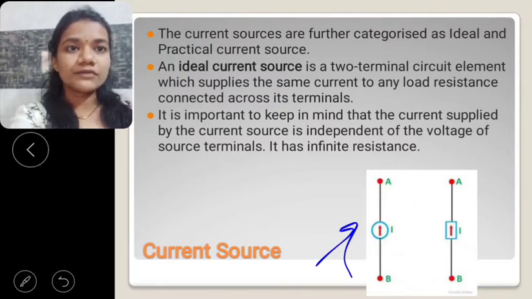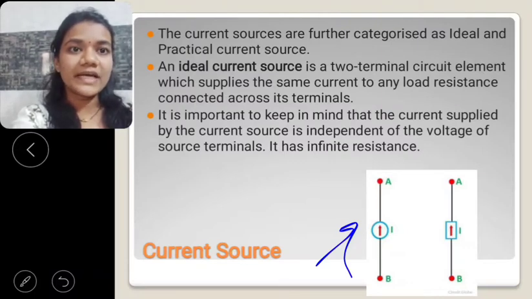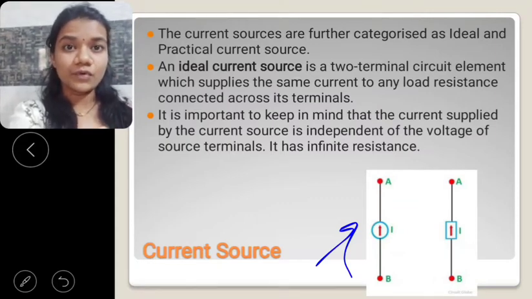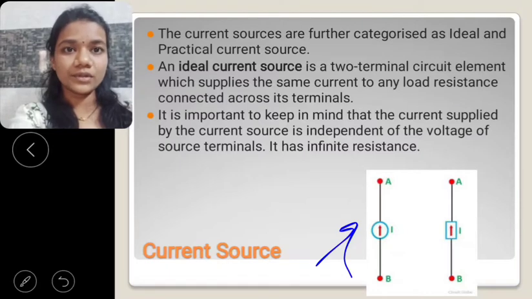The current sources are further categorized as ideal and practical current sources. The ideal current source is also a two-terminal circuit element which supplies the same current to any load resistance connected across its terminals. Ideal means it supplies the same current to all the loads connected to its two terminals.